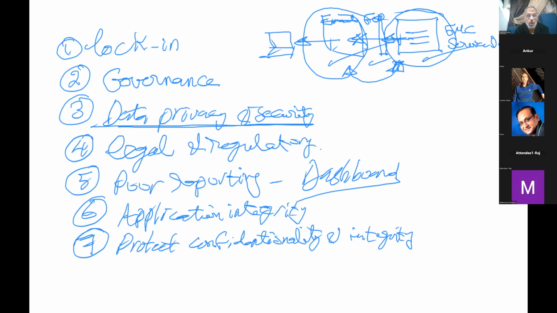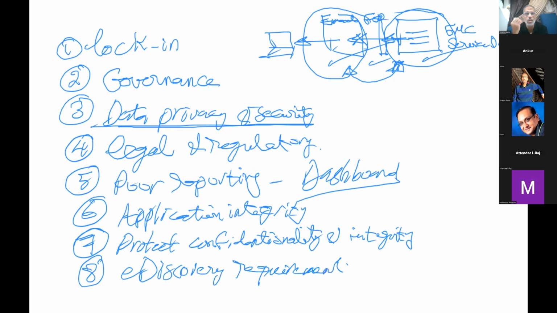Also, there is one other point which we mentioned before, the e-discovery requirements. The e-discovery requirements can be if you are searching for a specific pattern, or a specific data, if you have, for example, a warrant and you are searching for some data and so on.